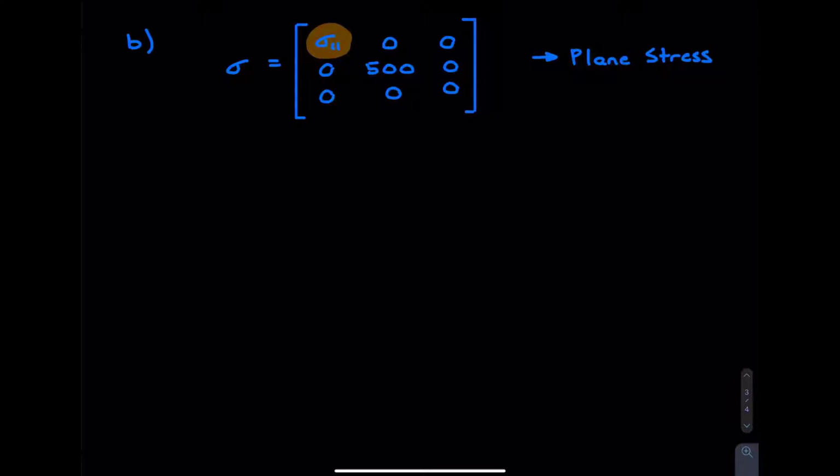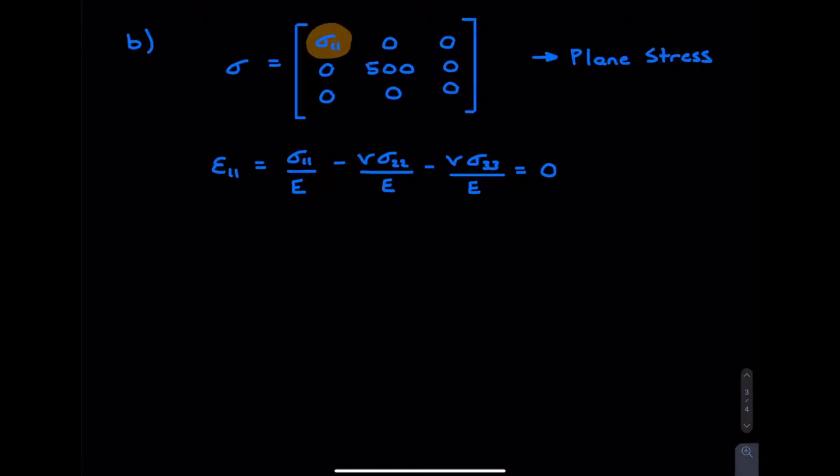However, what we do know is the strain in the E1 direction, or epsilon 1,1, is equal to 0. So we know that epsilon 1,1, if we're looking at a general linear elastic isotropic material, is going to be equal to sigma 1,1 divided by E, minus Poisson's ratio times sigma 2,2 all divided by E, and then minus Poisson's ratio times sigma 3,3 all divided by E. And we know that this is all going to be equal to 0 because, again, we're preventing that lateral expansion or contraction.